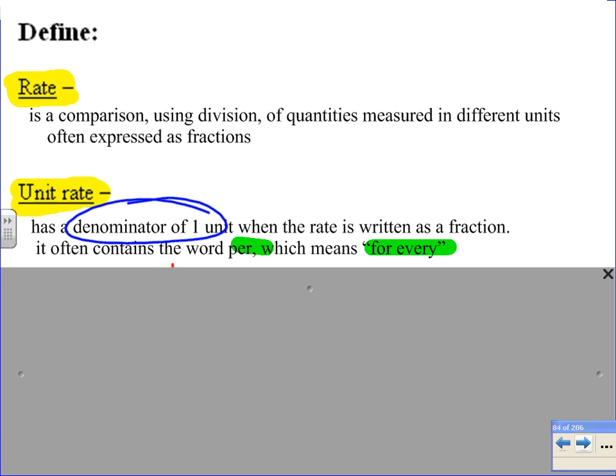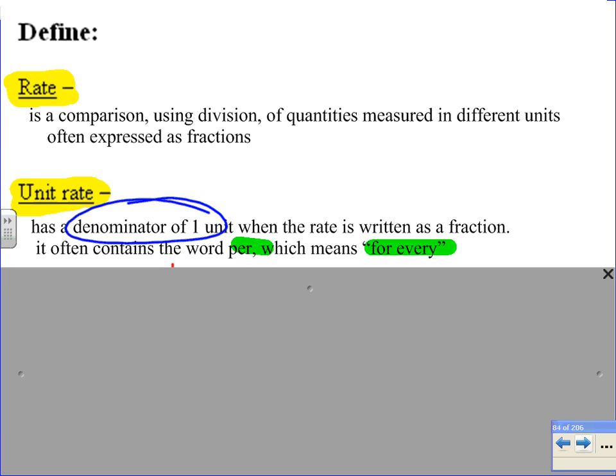All right, next term, I want to go through some examples. So we had a great discussion about rate and unit rate already. More specifically, the definition from your book of a unit rate is it has a denominator of 1 when the rate is written as a fraction. A unit rate often has the word per or for every, okay?